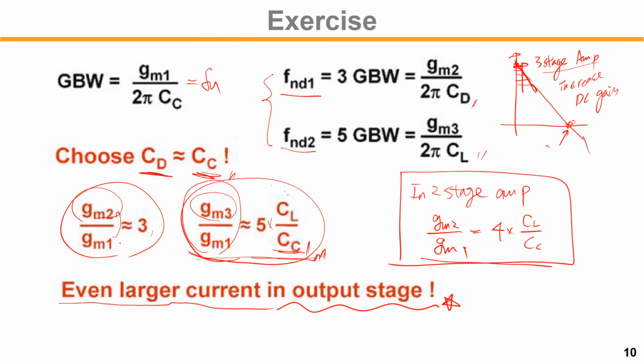Not that much, right? FU is defined by what? FU, the GM1 over 2 pi CC, right? So when you use three-stage, in some application, if you need a very large DC gain, then you would go ahead with the three-stage amp. Okay.